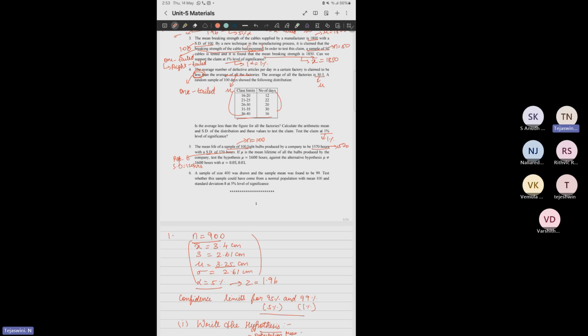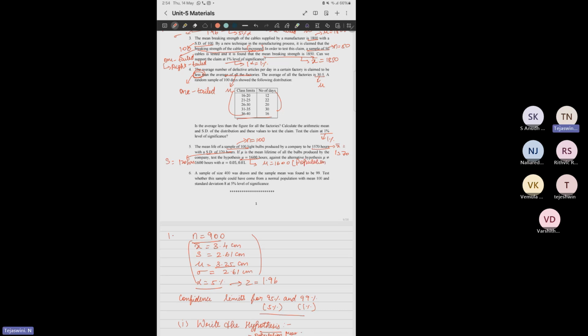Oh, sorry, my bad. This is sample mean and sample standard deviation. X bar is equal to 1570 and standard deviation S is equal to 120 hours.